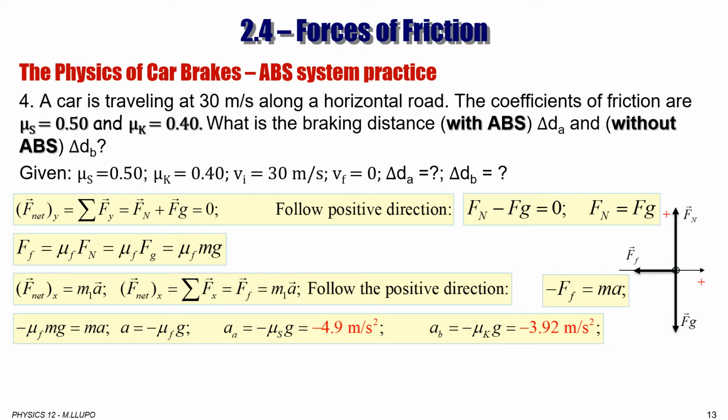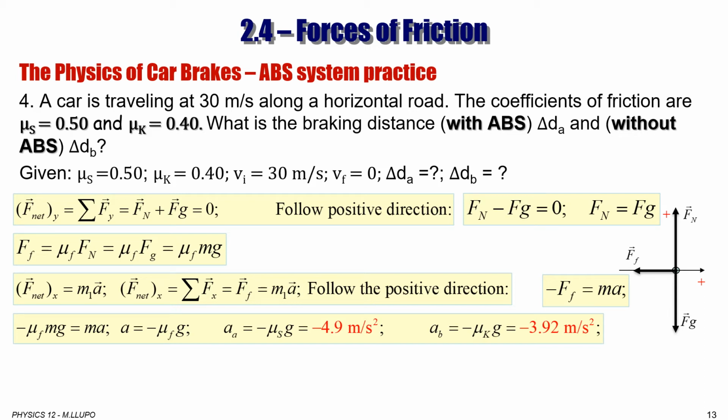So the acceleration is minus 4.9 meters per second squared, and without ABS it is kinetic friction because it's skidding, so it is minus 3.92 meters per second squared. Where those numbers came from again: mu s is 0.5 times 9.8 is minus 4.9, and 0.4 times 9.8 gives you 3.92, and with a minus in front, it's minus 3.92.